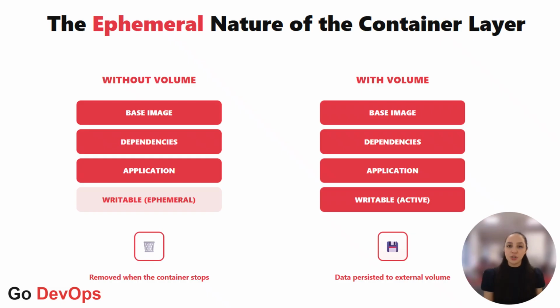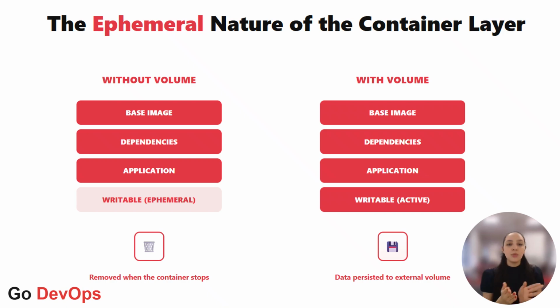That's where all changes at runtime are stored. But here's the key: that writable layer exists only for as long as the container exists. So once you stop or remove the container, that entire layer, and of course everything inside it, is going to be deleted. It's really temporary by design.